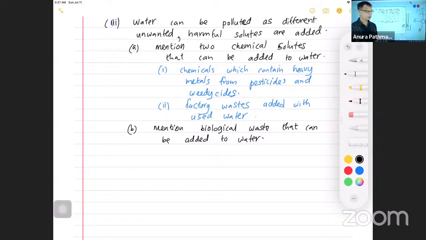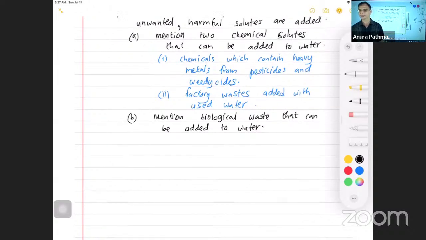What are the biological wastes that can be added to water? I'm talking about biological waste that can be added to water. No idea?